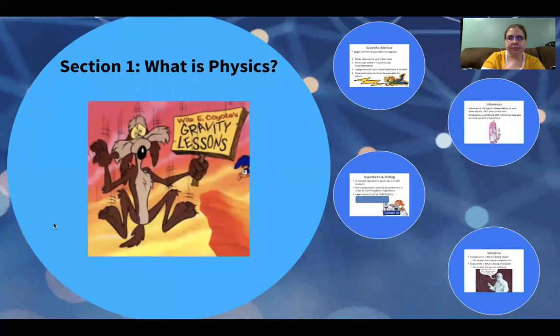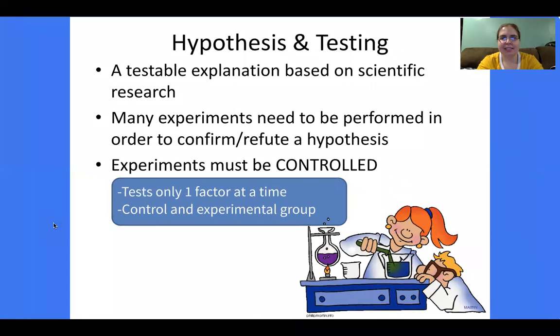Hypothesis and testing. So as we said, a hypothesis is a testable explanation based on scientific research. So we did our research. We came up with an educated guess, and now we're going to test that guess.